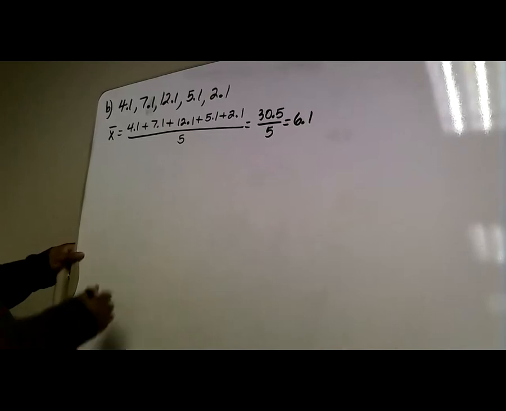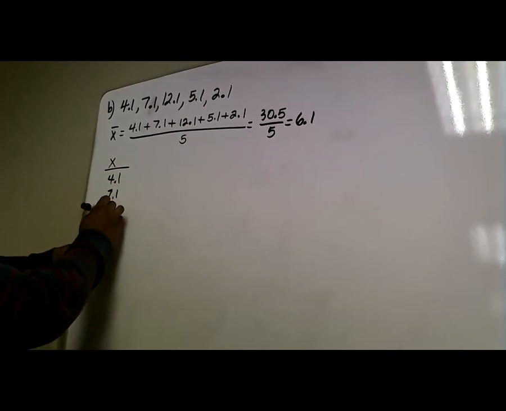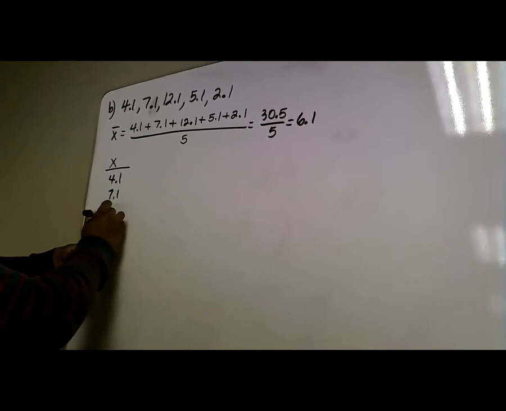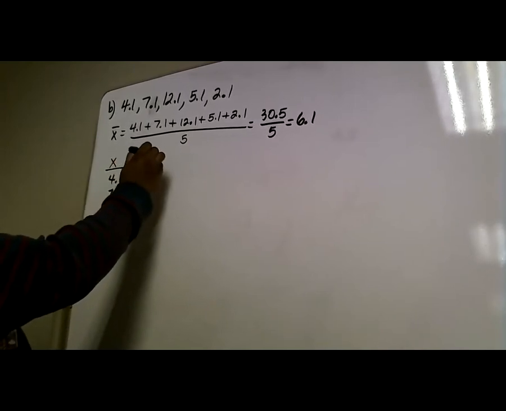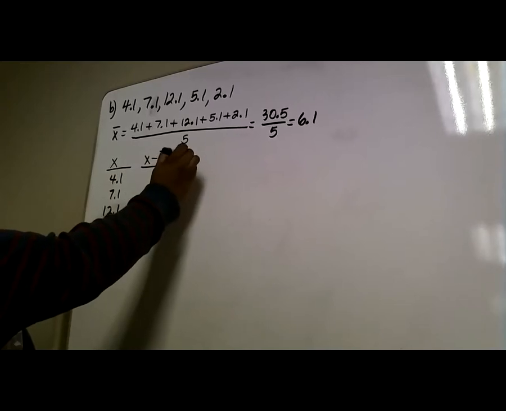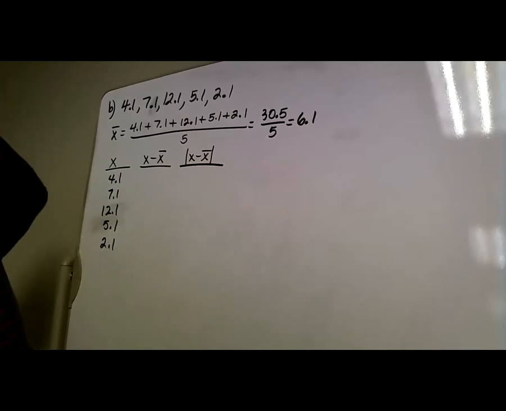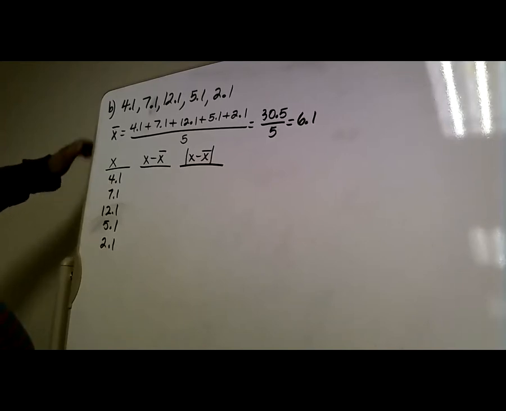Now, here's how we find the mean absolute deviation. Each X value, I'm going to list in a column: 4.1, 7.1, 12.1, 5.1, 2.1. Then we have X minus X bar, and then the absolute value of X minus X bar. For 4.1, what's 4.1 minus 6.1?